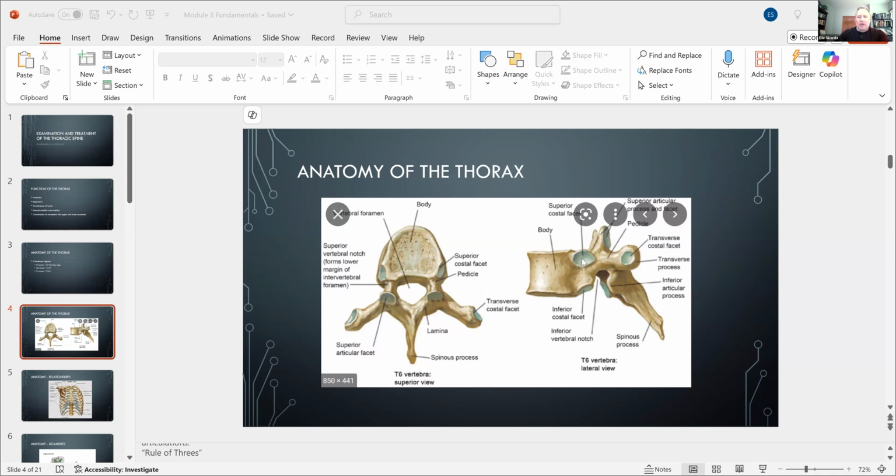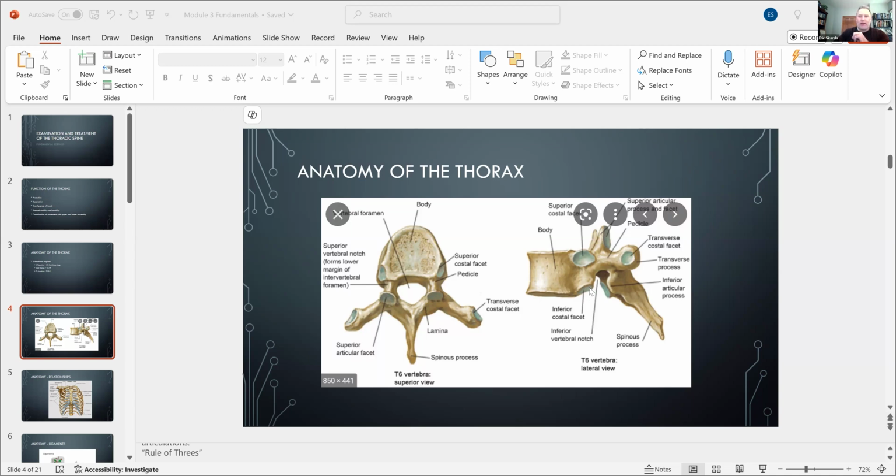Okay, now what this means is that the ribs themselves are going to articulate with 2 separate vertebrae. Okay, and it does affect how we name these ribs, right? Because the first rib only articulates with T1. Okay, well, it doesn't have a demifacet mechanism. However, the second rib will articulate with both T2 and T1.